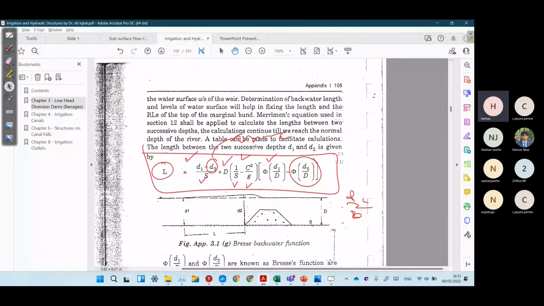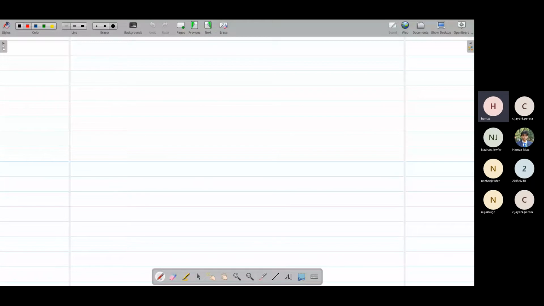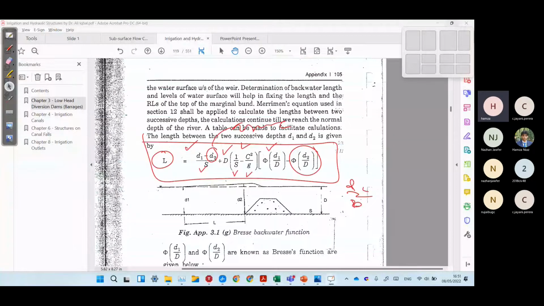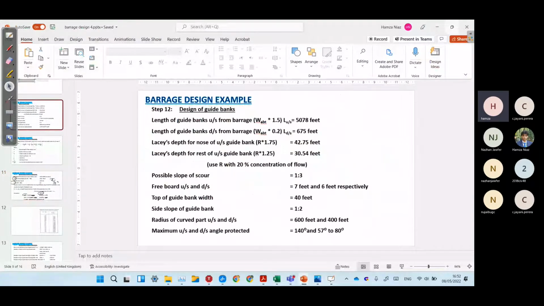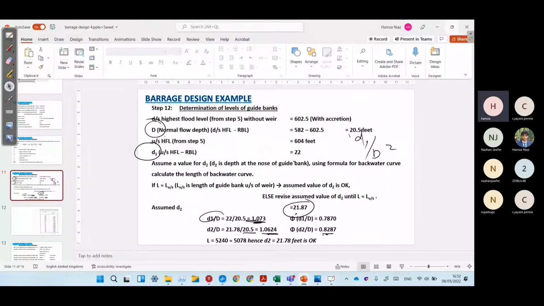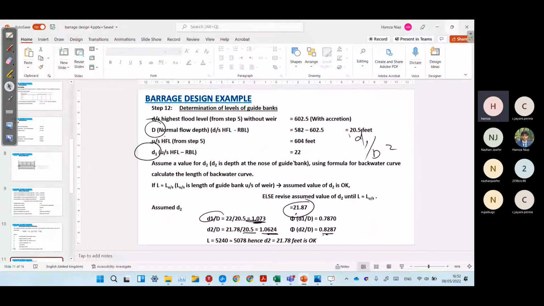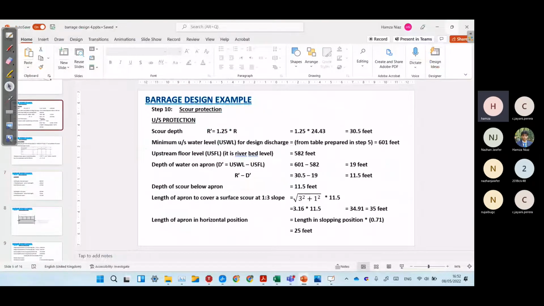So the value of length should be approximately the same as we calculated in the previous step. If we move to the previous step, the length we calculated was approximately 48,900 feet.